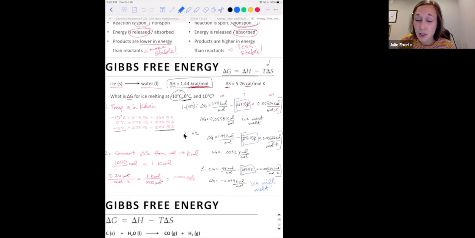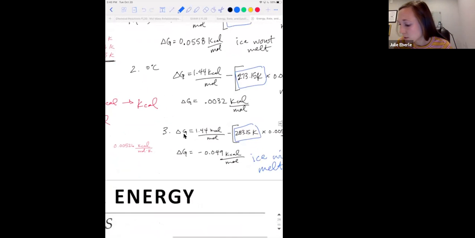So the sign of delta G, the whole point I want to bring to the surface right here, the main point is that the sign of delta G directly tells you if a reaction is spontaneous, okay? So this is spontaneous. In other words, it's favorable.